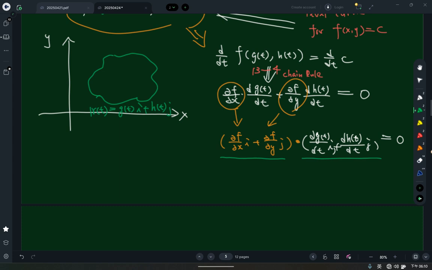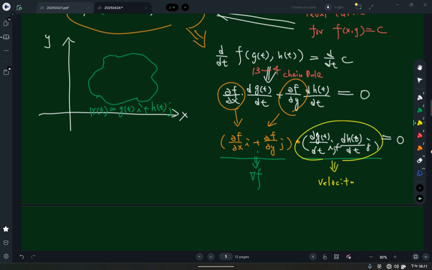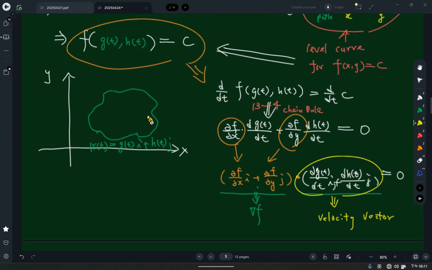Especially, this part is the gradient vector, and this part is the velocity vector. So we can conclude that when following this level curve and calculating its gradient, this gradient will be orthogonal to its velocity vector.